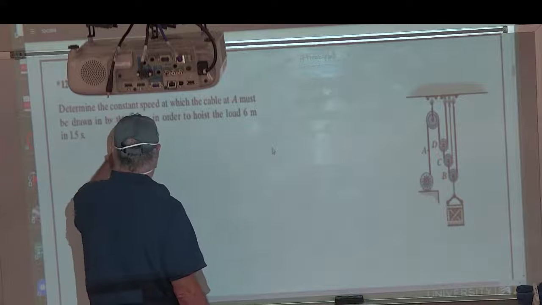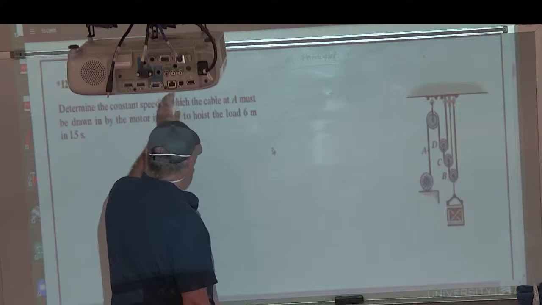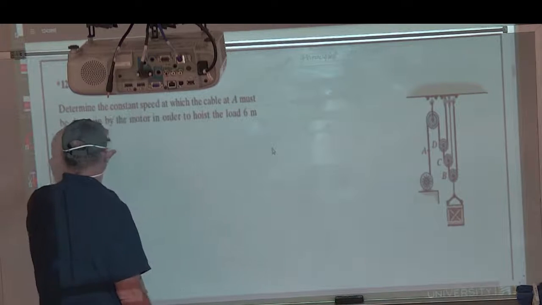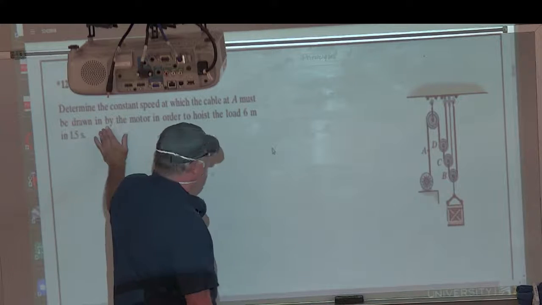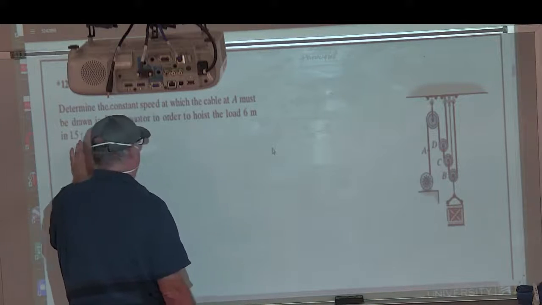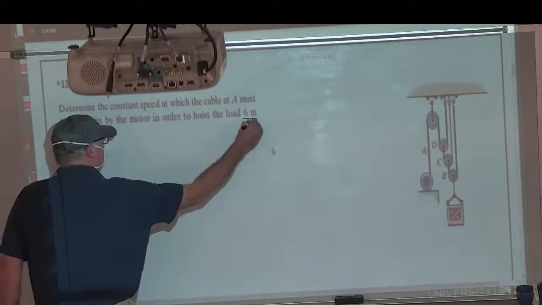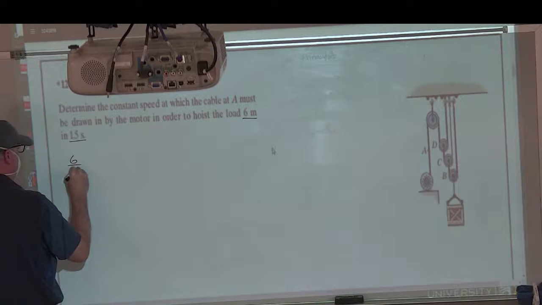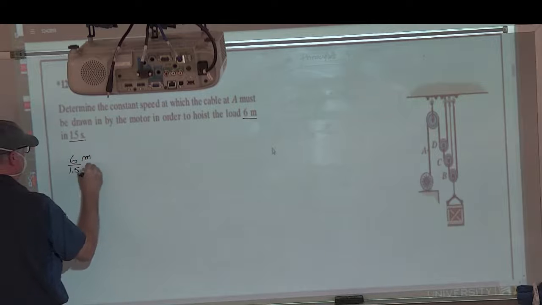Determine the constant speed at which the cable at A must be drawn by the motor in order to hoist the load 6 meters in 1.5 seconds. So 6 meters per 1.5 seconds.